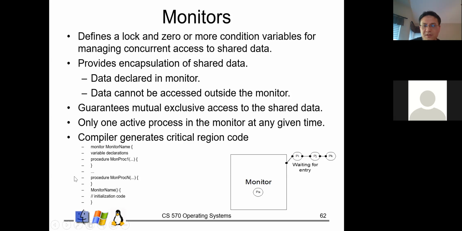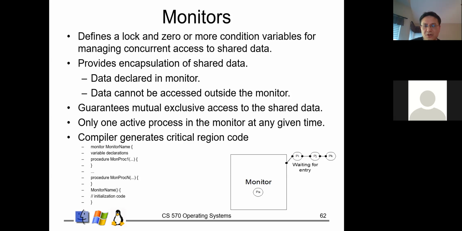So first, as I said, a monitor is similar to a class in terms of its definition. So it needs to encapsulate the data, which we can view as shared data.